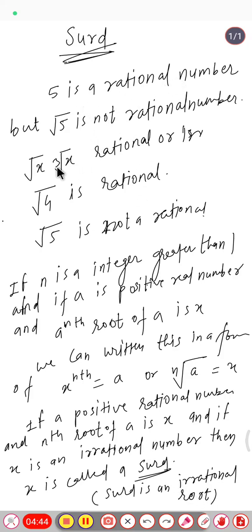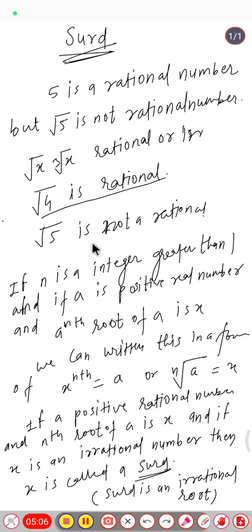As we know, here you can see that it is not a surd, because the root of 4 is equal to 2, and 2 is a rational number. And whenever you find the value of root 5, you don't get any exact root like root 4 is equal to 2.